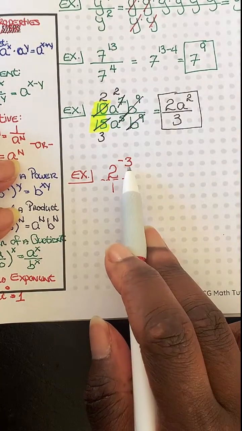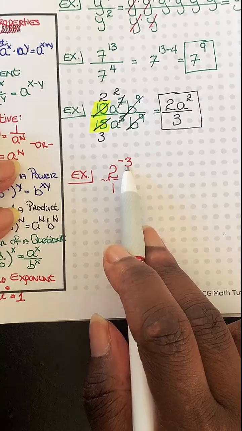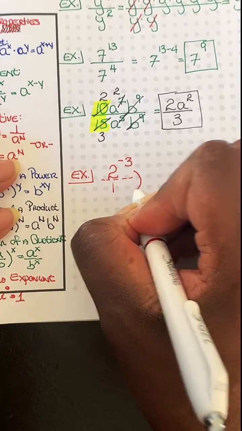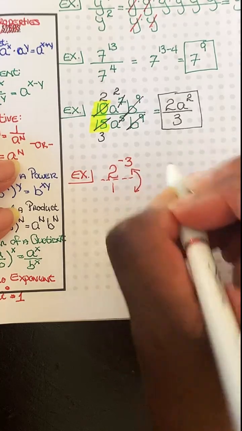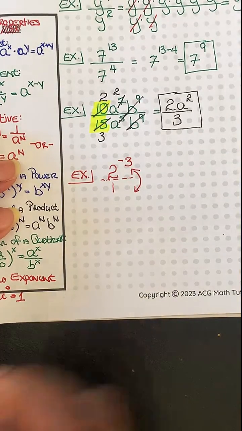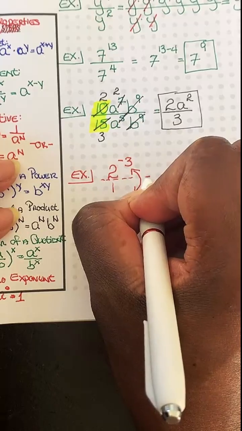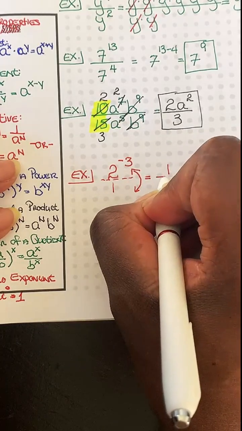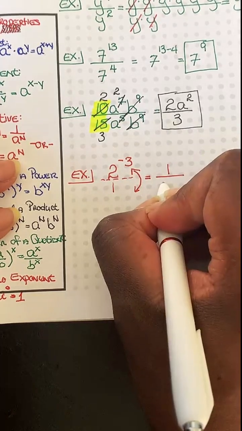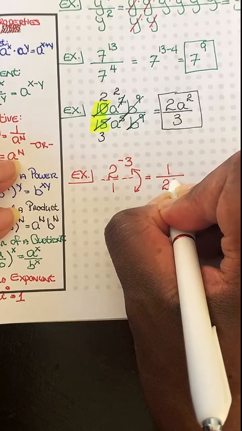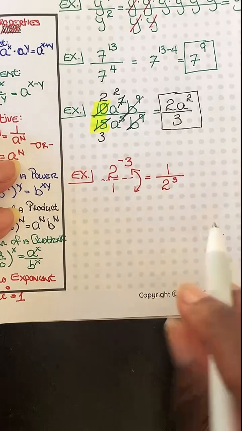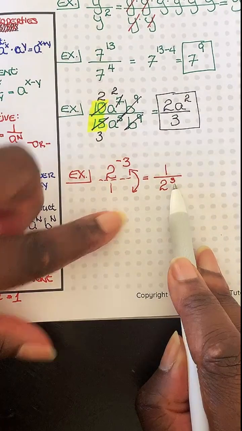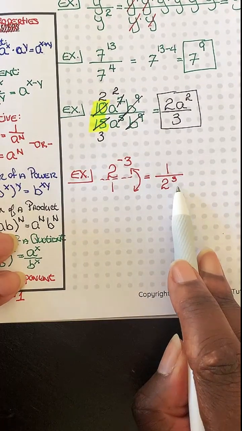So in order for me to change this from a negative exponent to a positive exponent, I've got to flip it, as some people like to say, the reciprocal. So you have your 1 in the numerator, and then you have 2 to the 3 in the denominator, but the 3 is now positive, because the act of the flip made it positive.